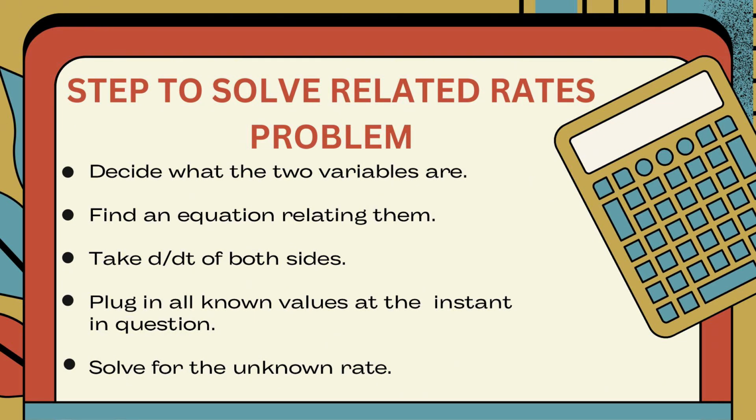The first step is to identify the two quantities that are changing and are related to each other. This could be things like the radius and volume of a sphere, the height and base of a triangle, or the distance between two moving objects.